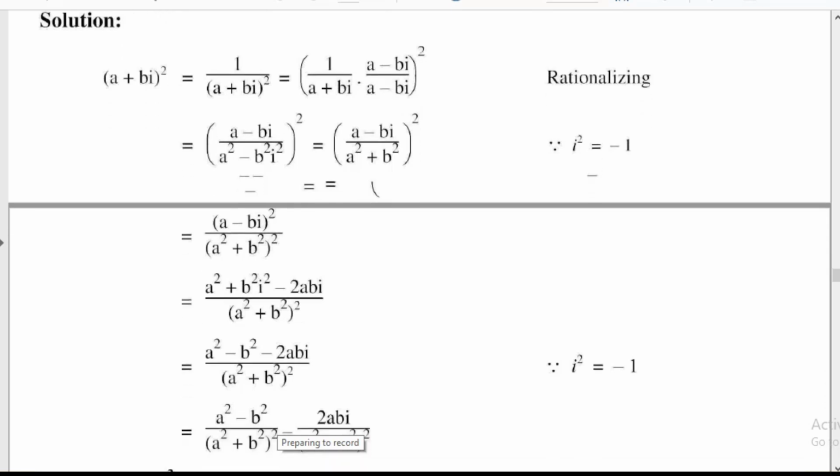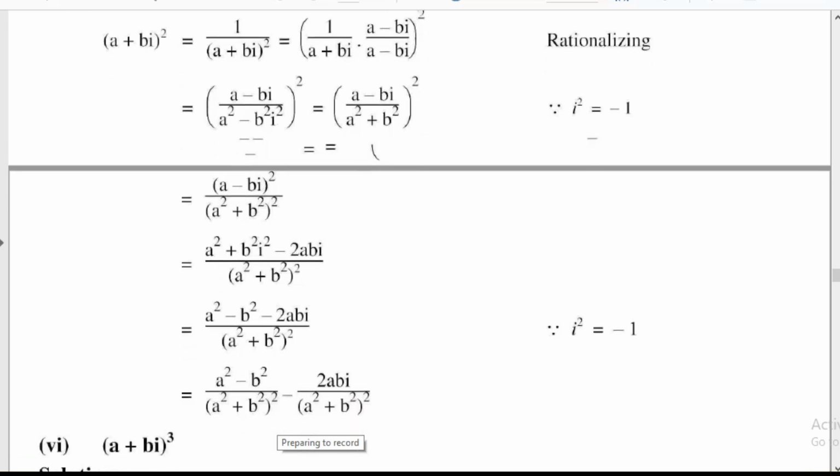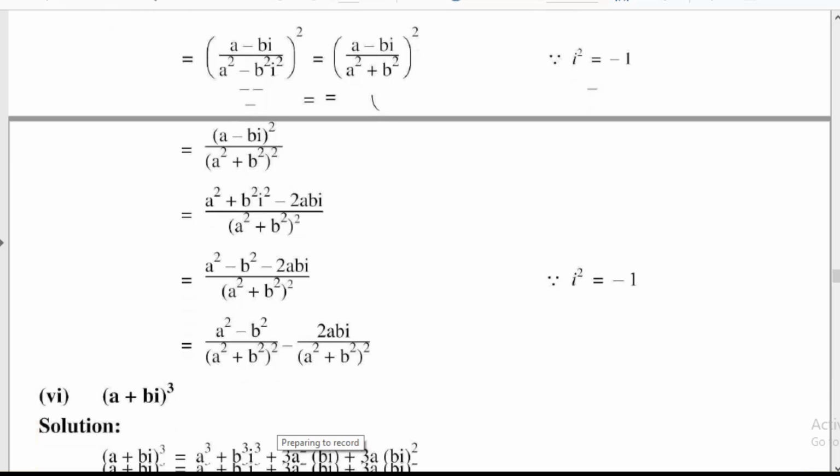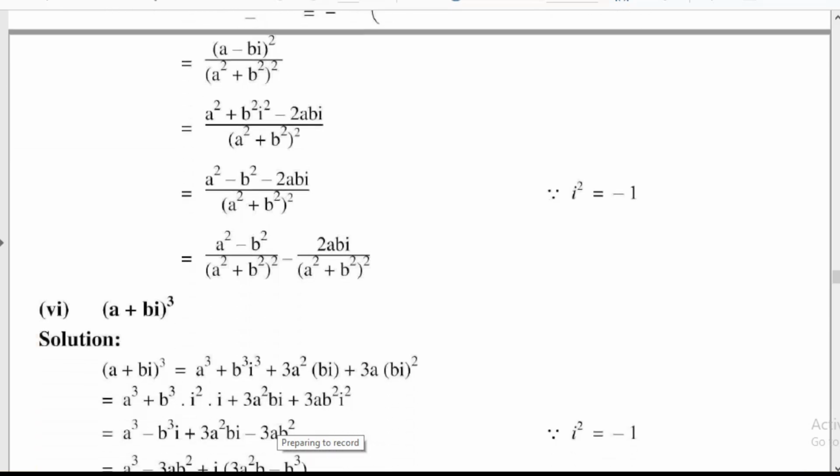So dividing by a square plus b square whole square, that is a square minus b square divided by a square plus b square whole square minus 2ab iota divided by a square plus b square whole square. So next, part number 6, that is a plus b iota whole cube.